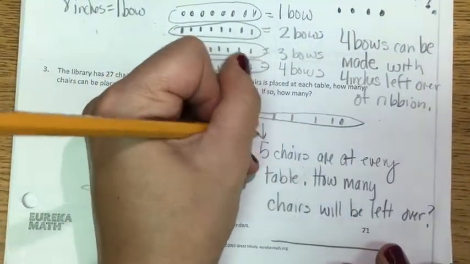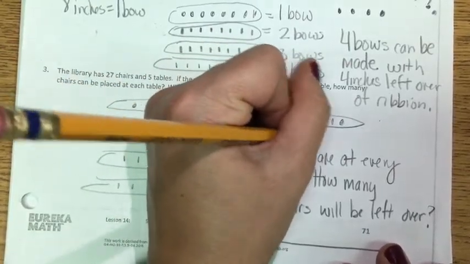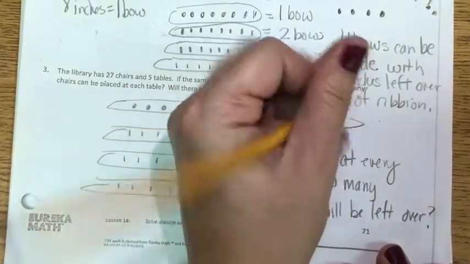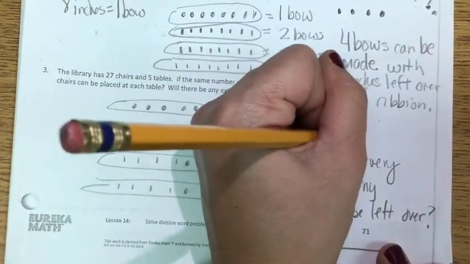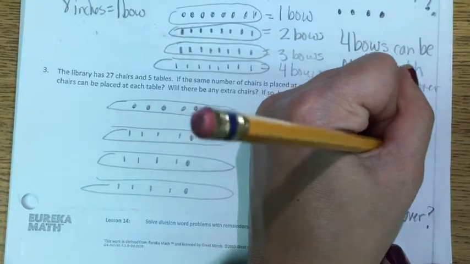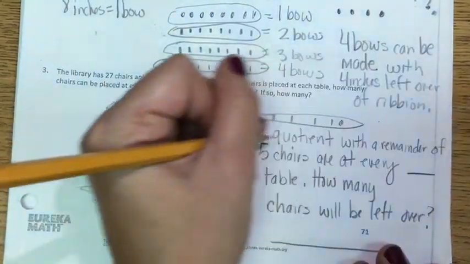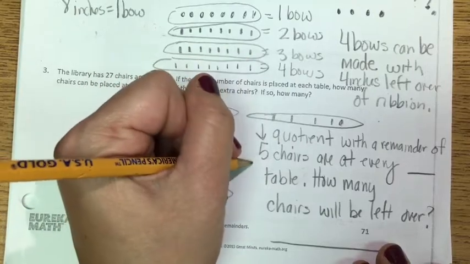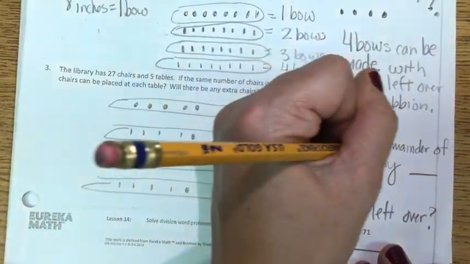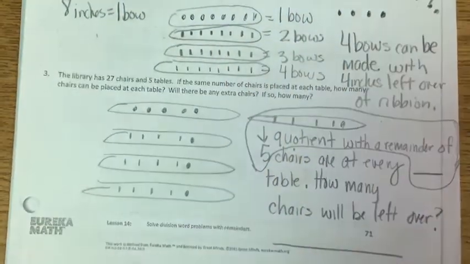Okay, so 5 is going to be my quotient. What will be my remainder?